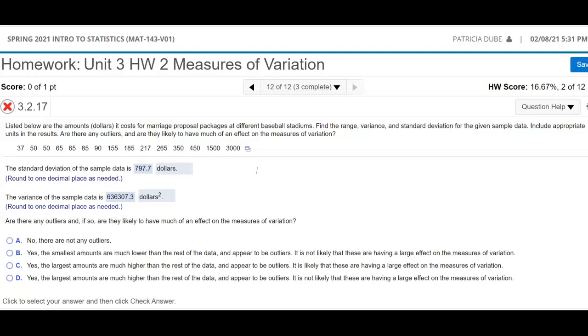I want to take the mean minus 2 standard deviations. Outliers are going to be less than this. In this problem, that gets a little silly. 2 times the standard deviation. Or more than the mean plus 2 standard deviations. 2 times standard deviation.